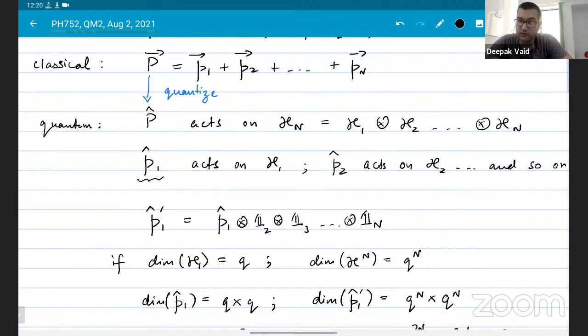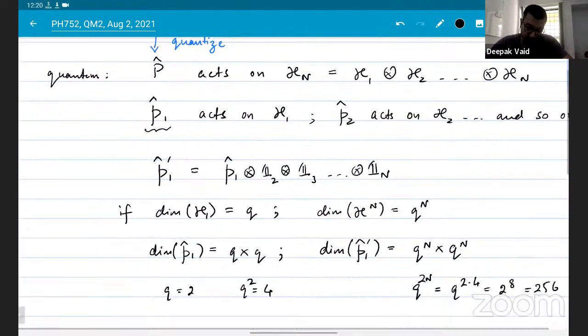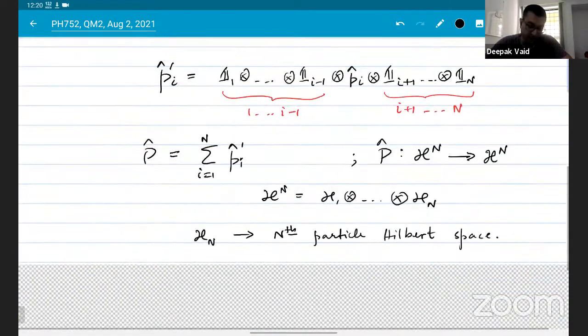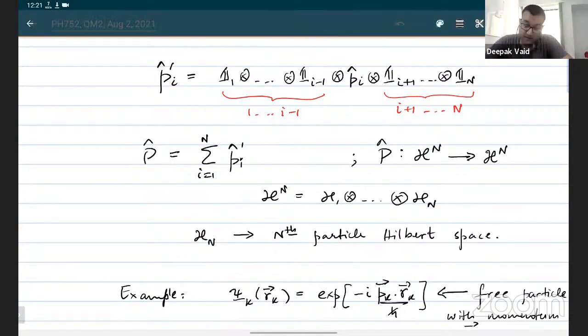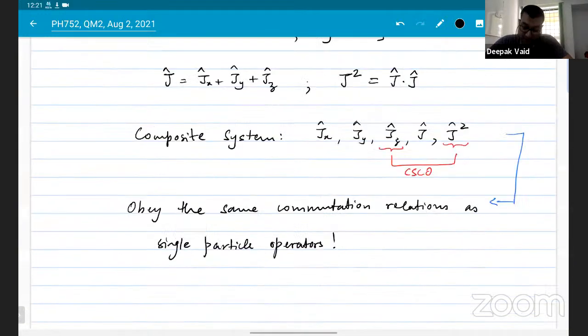So we don't have to worry about it if I look at the total momentum operator, or the x component, the y component, or the z component. I don't have to worry about the commutation relations between those. But for the angular momentum, I do need to worry.